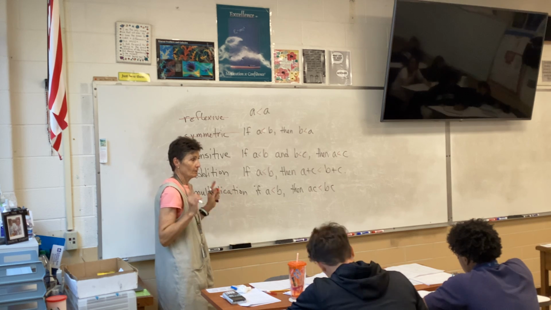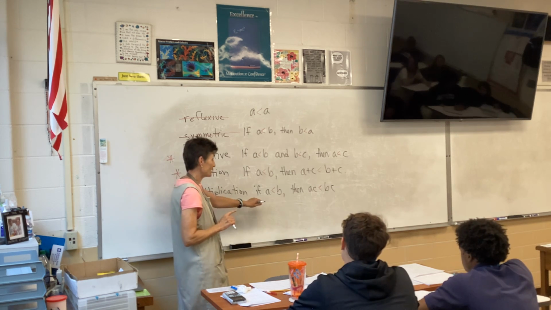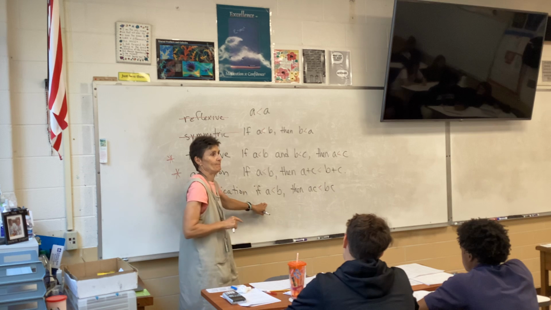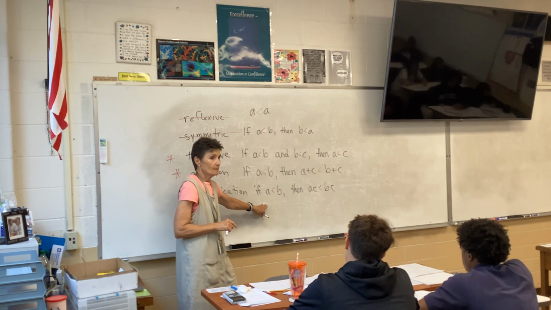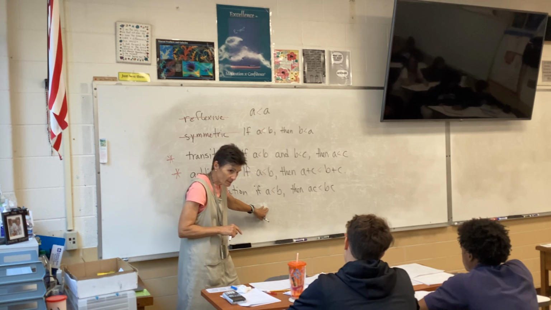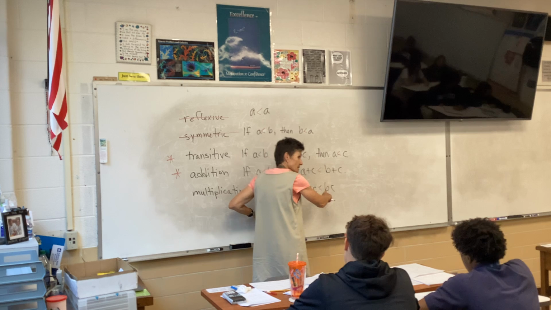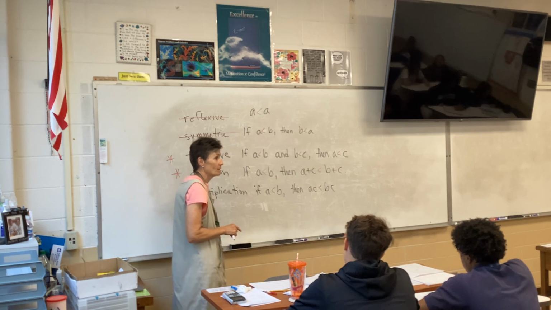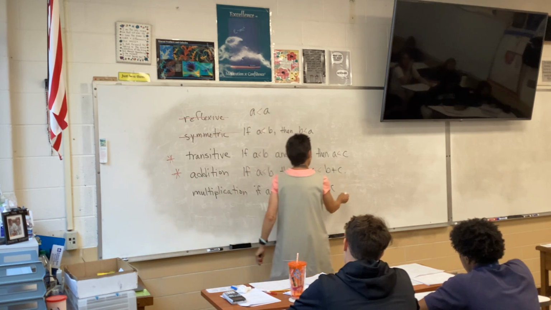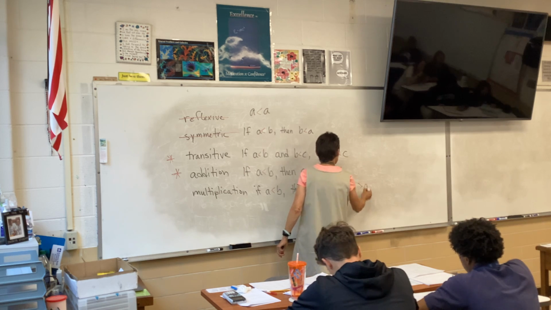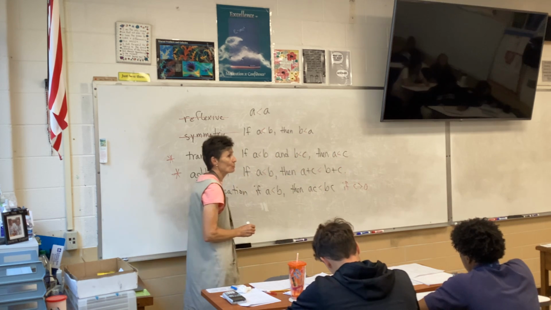Alert, alert, alert. This one is true if what? If C is a positive number. What happens if you multiply both sides by a negative number? It switches the sign. So if C is positive, that's a true statement.